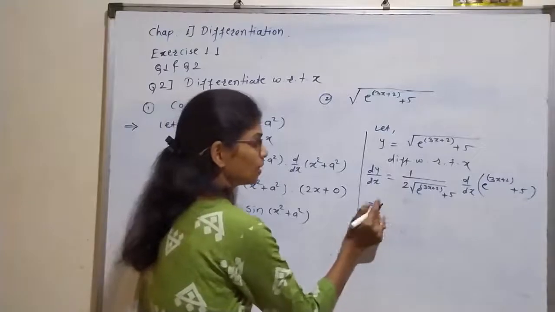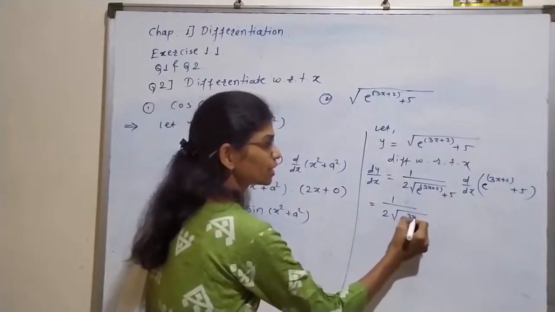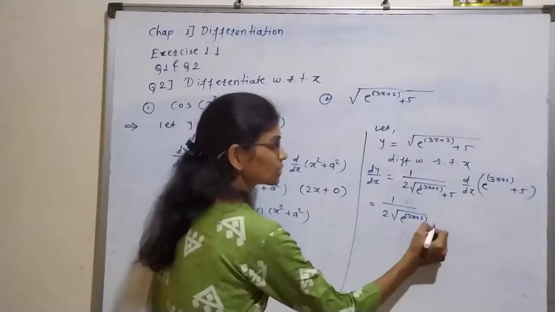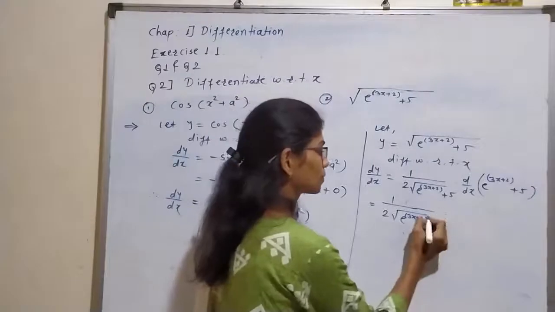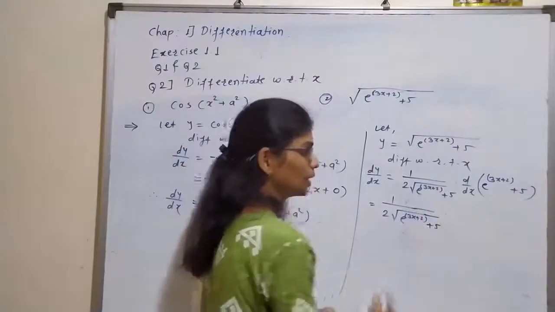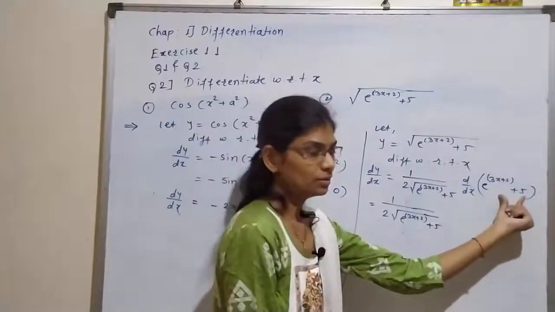So, dy by dx is equal to 1 divided by 2 into root of e raised to 3x plus 2 plus 5 as it is, multiplied by the derivative of each one.